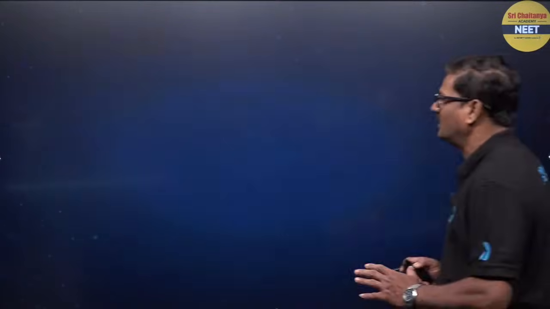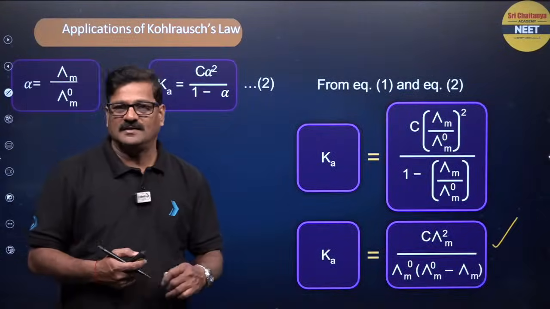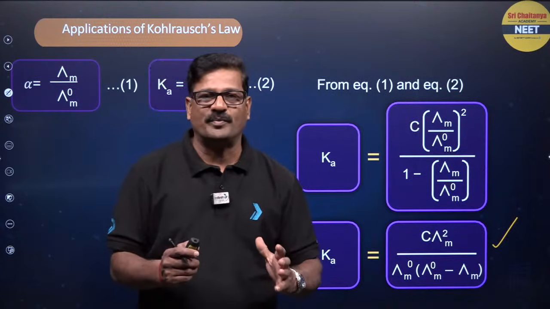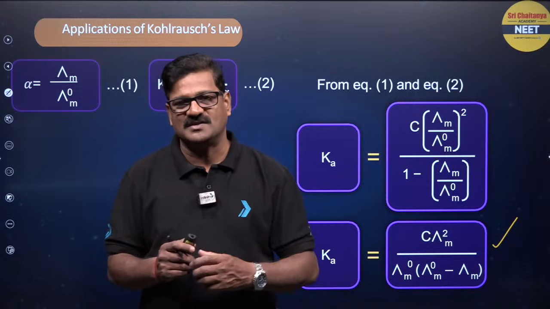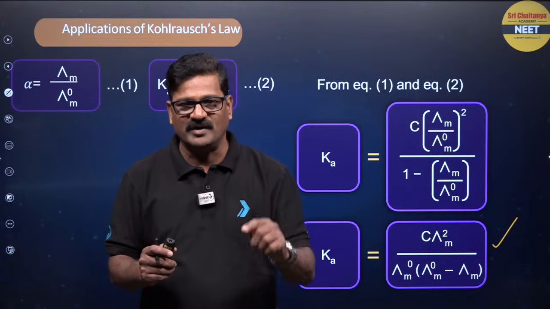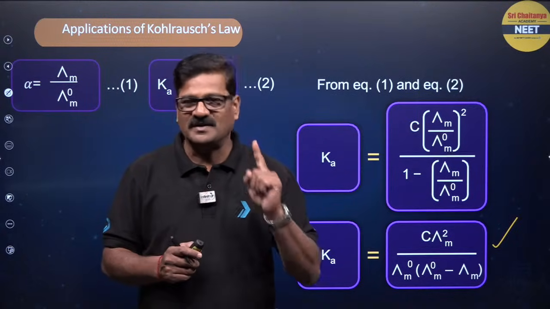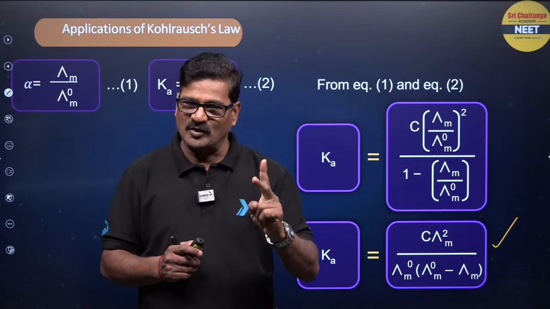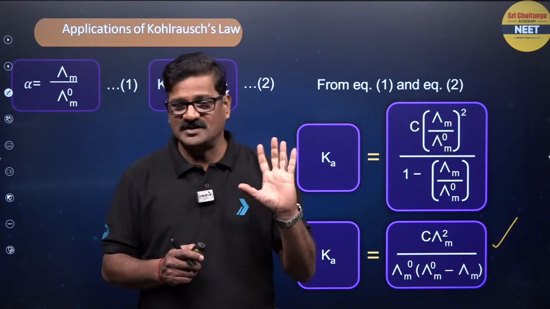And these are the applications of the Kohlrausch law. When you open the NCERT textbook, if you have a question from the CBSE examination paper, you will have a question directly on specific conductance, calculation of molar conductance or degree of ionization, or the Nernst equation.